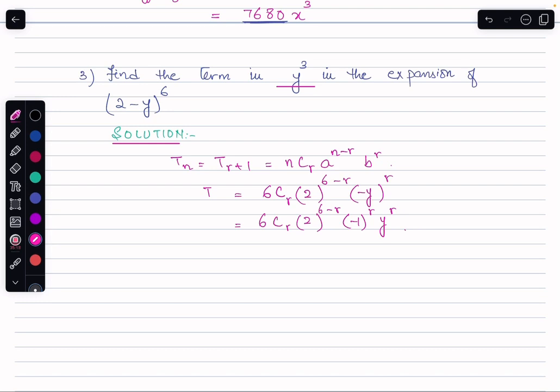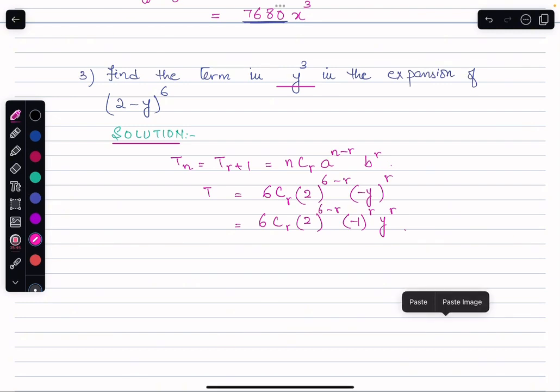I'm just writing this negative with a 1, so negative 1 to the power r, y to the power r. And here I know if my restriction comes out to be an odd number, then obviously the power with an odd number is always going to give us a negative sign. So with an odd restriction, we shall be having a term with a negative sign.